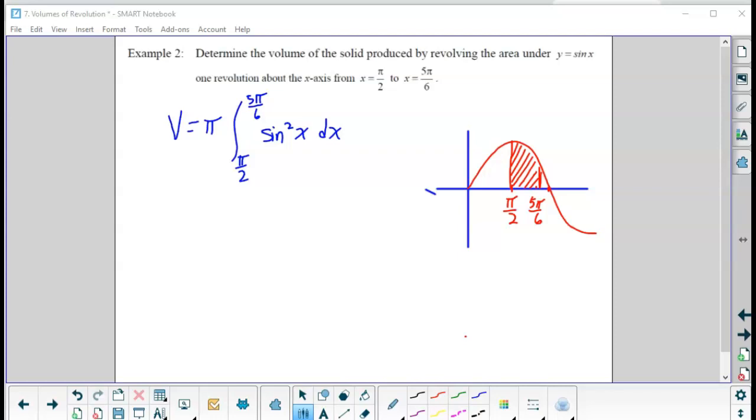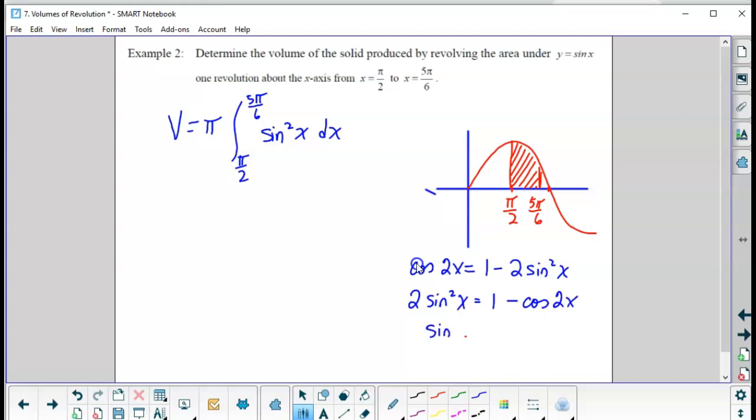So we want to try, if we can, getting this into something that's not squared. So you'll notice that cos of 2x equals 1 minus 2 sine squared x. Okay, so there's a sine squared in our integral, and we want to get it down to something that's not squared. So this would be the way. So now if I bring the 2 sine squared to the right, and the cos of 2x to the left, and divide by 2, I'm just going to show it out front.